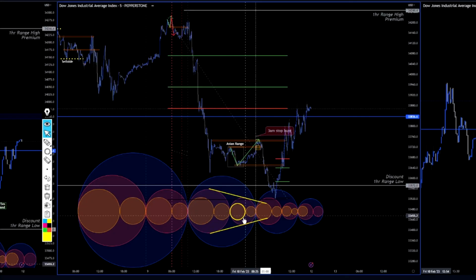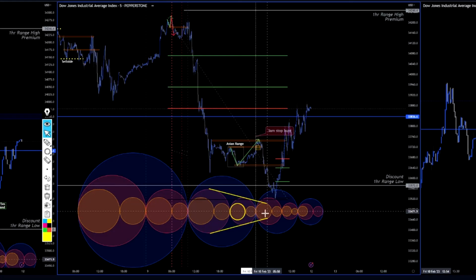So that's the Asian range. And then the manipulation starts straight after the Asian range. What's it doing? Well, you've got all this liquidity at the top. It's gone for the highs. So you know it's gone for the highs. You can expect the reversal to happen once the time.